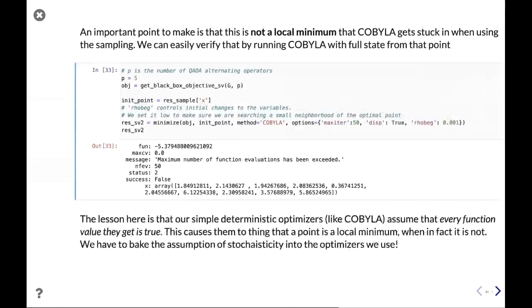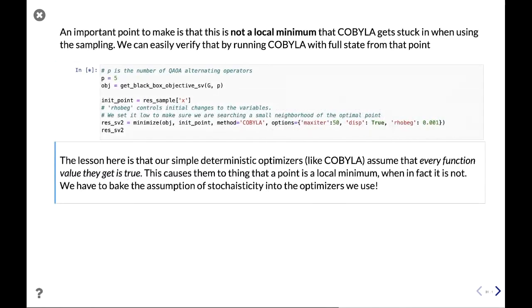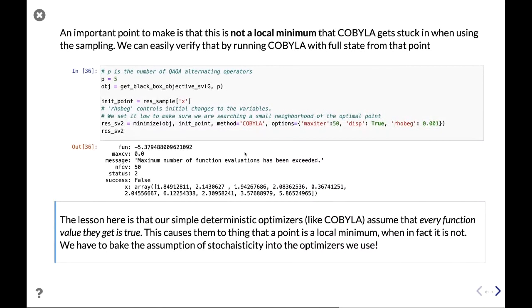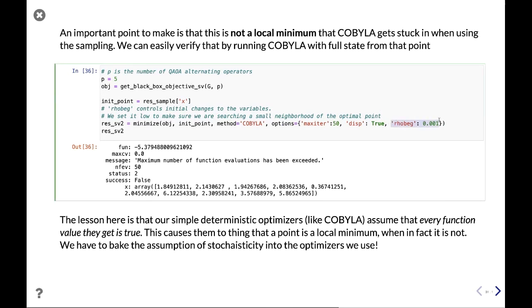Now, it's important to point out that this point that QAOA got stuck in is not a local minimum. If we take this point and run the optimizer with a full state vector from that point, it can actually go downhill. And here we're setting the initial step size to be very small, so we're in this tiny neighborhood of that point. So this point is not a local minimum.